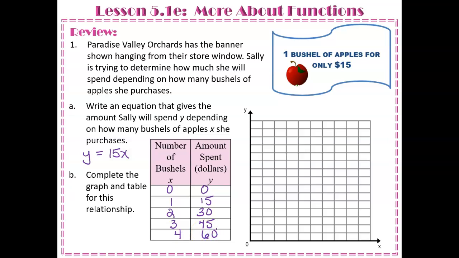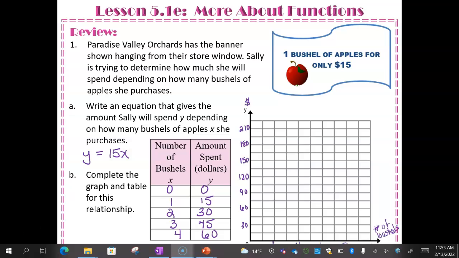So let's go ahead and fill in that table. I'm going to put x is the number of bushels. So if you can see, I labeled the x-axis number of bushels, the y-axis money. I went up by 15s on the y-axis and 1 on the x.